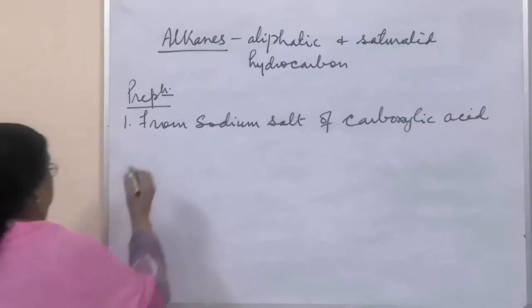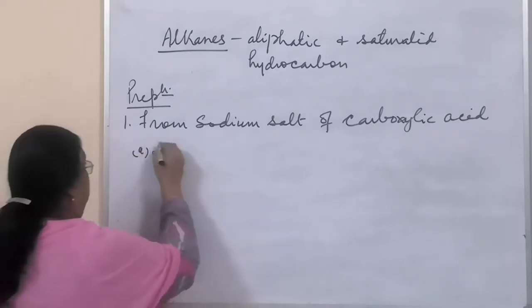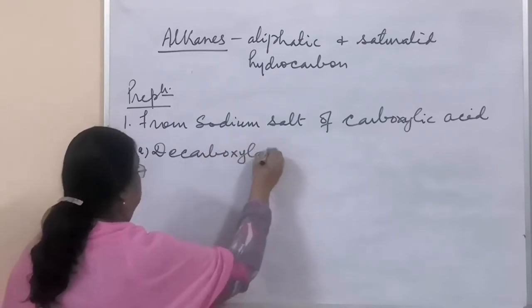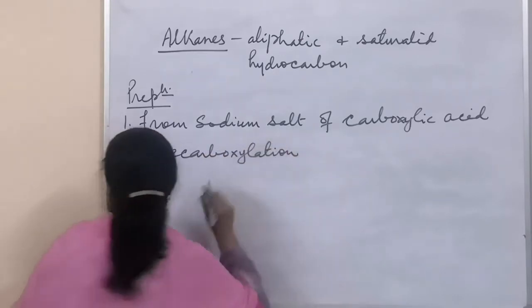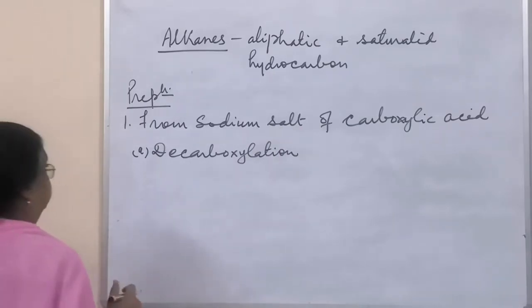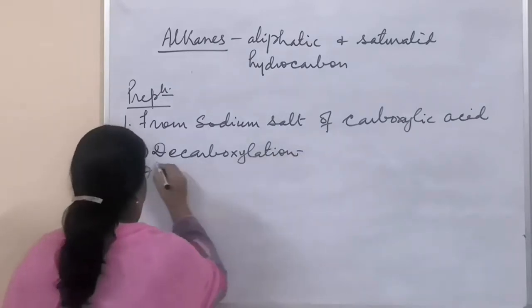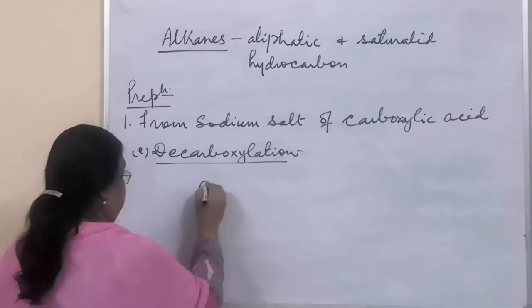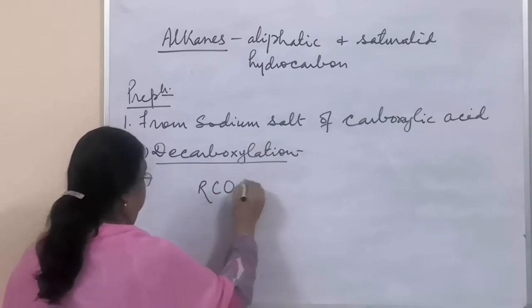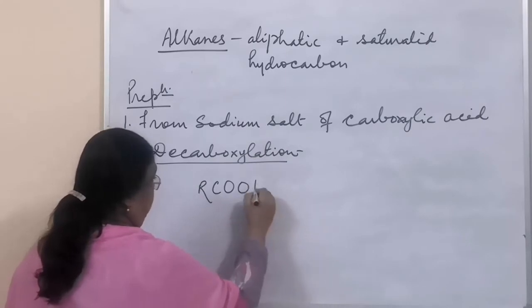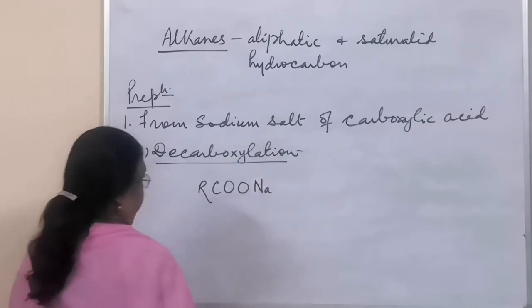One method is decarboxylation of the sodium salt. Here you will be using the carboxylic acid. This is your carboxylic acid. You have to use the sodium salt, so this H will be replaced by sodium.